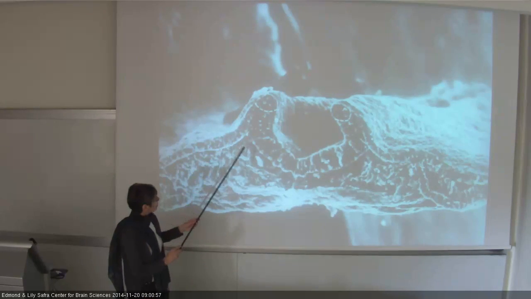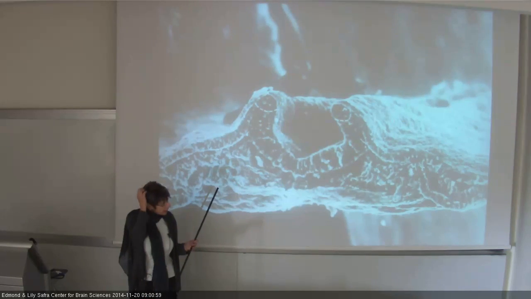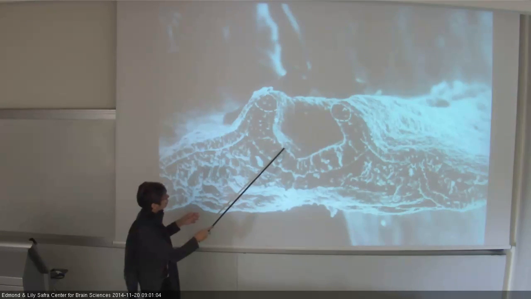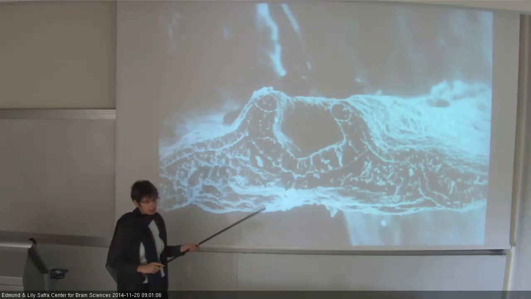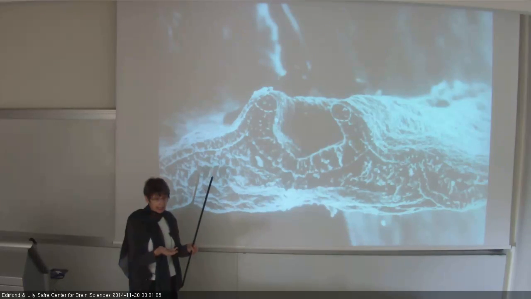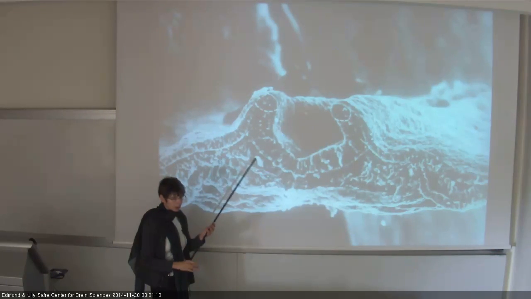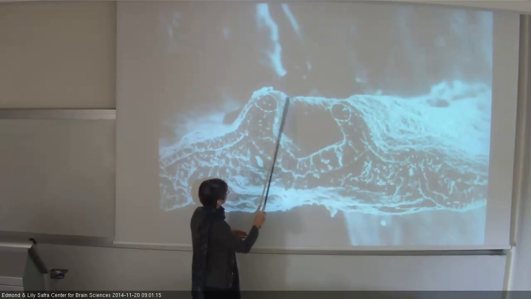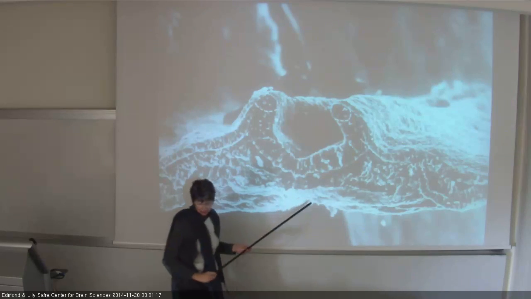This is the process of neurulation, namely the process by which the ectoderm transforms into a neuroectoderm. It begins folding in the dorsal midline of the embryonic body. Then the neural folds, which are these ones, begin approaching each other.